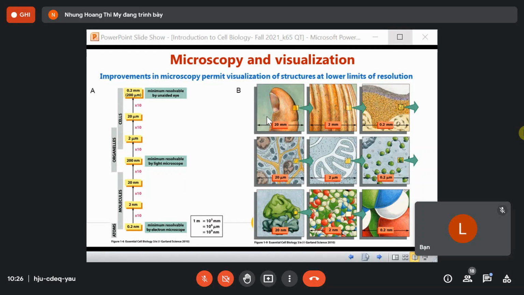The other? I think we can recognize about 0.1 millimeter. Yeah, good.